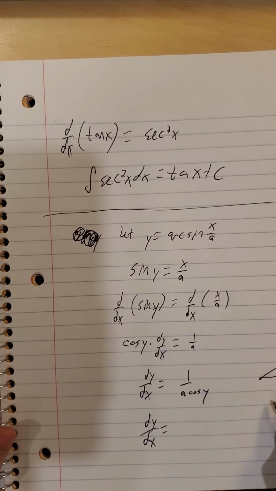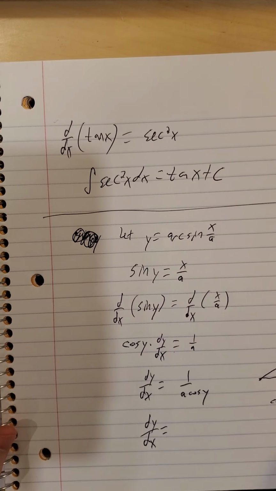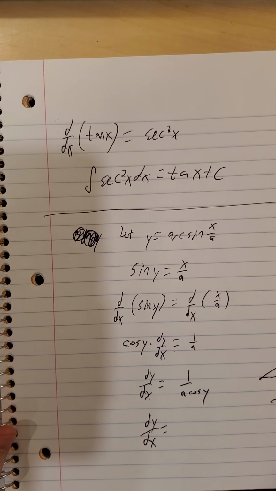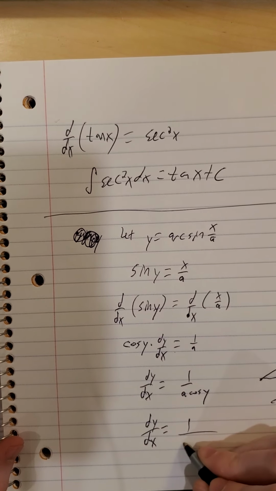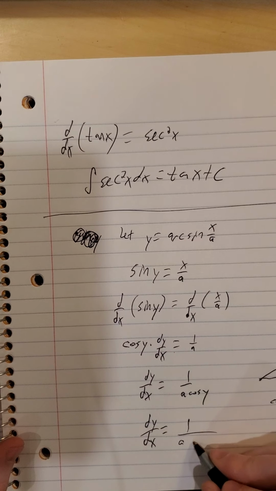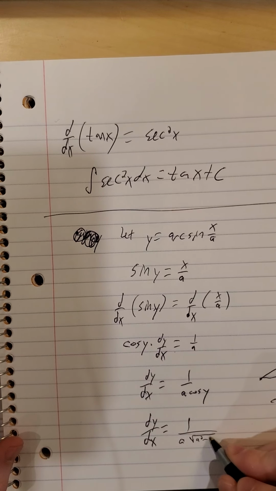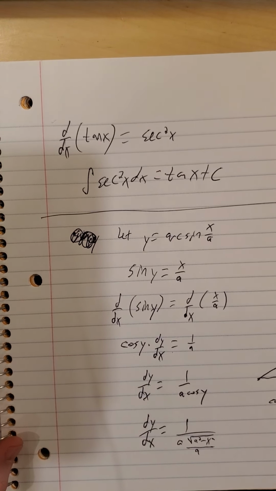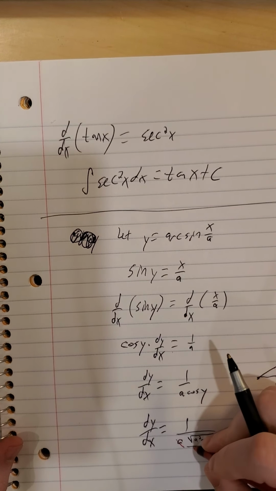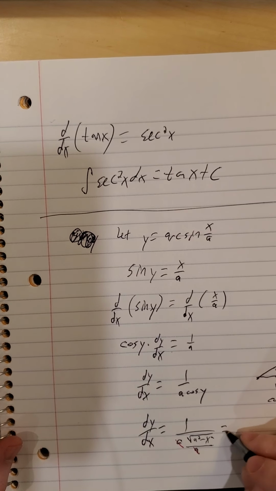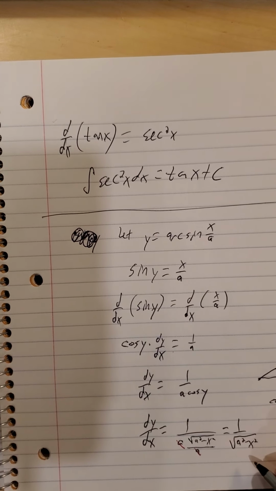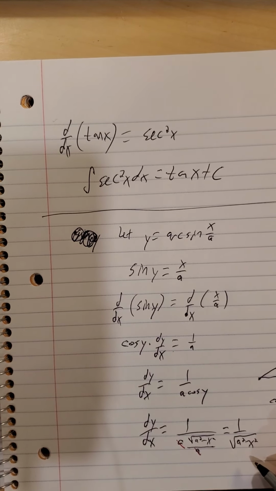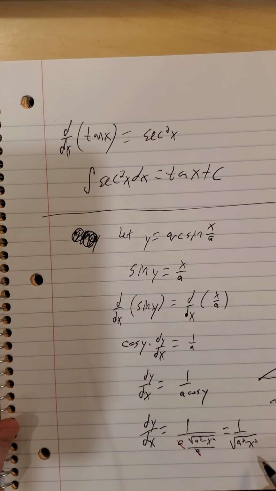So then the cosine of y by our drawing, cosine is adjacent over hypotenuse. So we have 1 over a times cosine of y, which is square root of a squared minus x squared over a. And notice the a over a will drop out. So 1 over square root of a squared minus x squared. So that's our derivative.